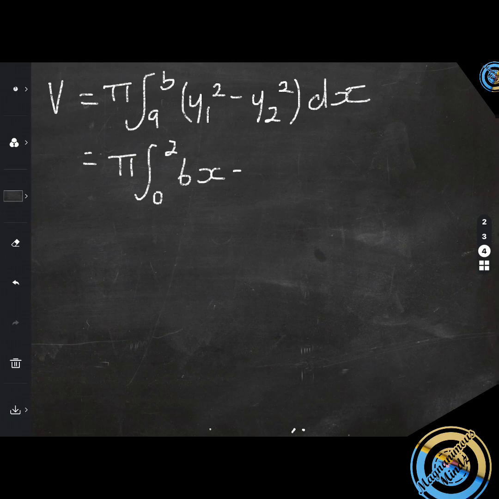So it's going to be 6x minus 3x squared dx, and this is squared, this is also squared.